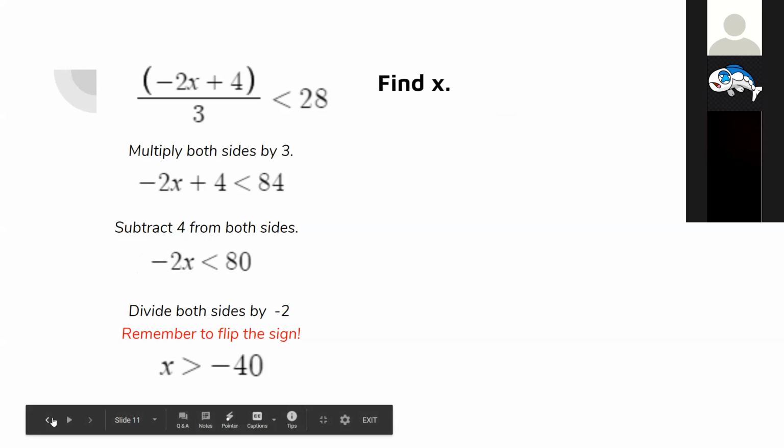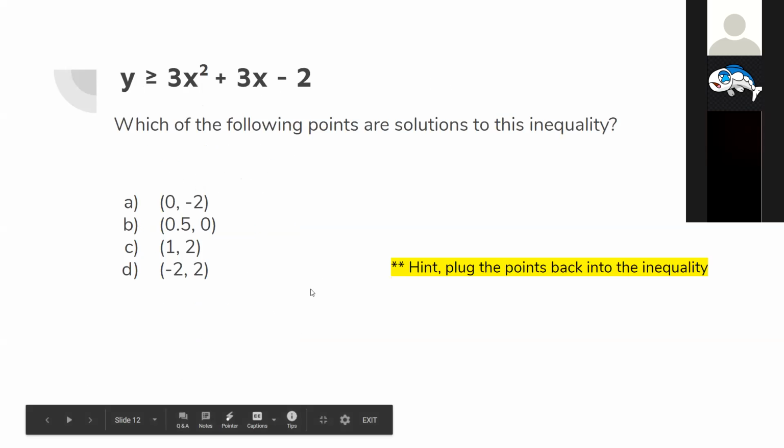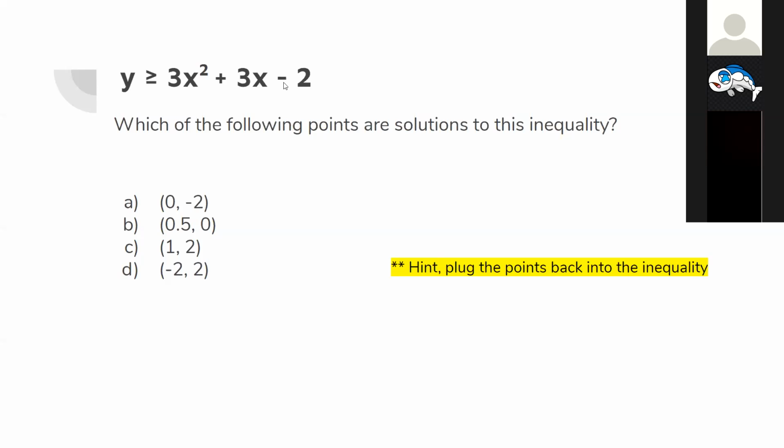Cool. So for this one, we have an inequality, but it's a really complicated quadratic. The problem gives you a couple of points to try, and you can find out which ones are solutions to this inequality.